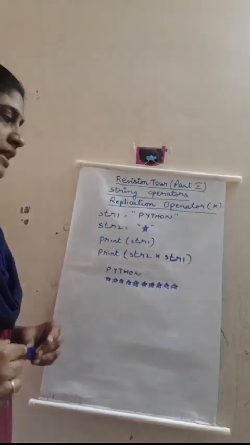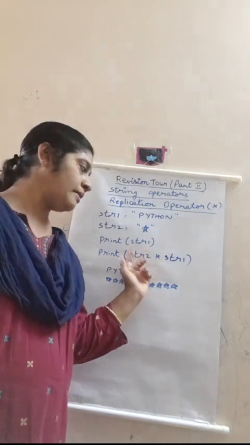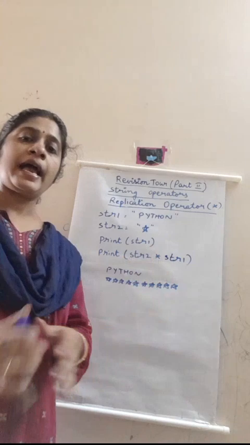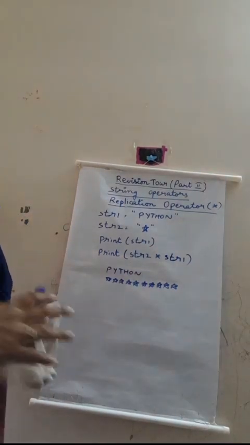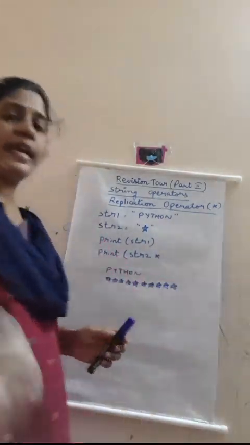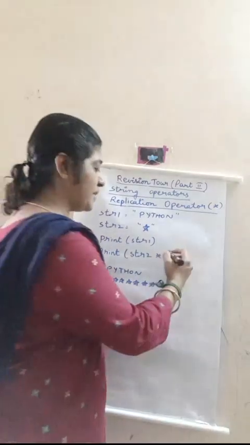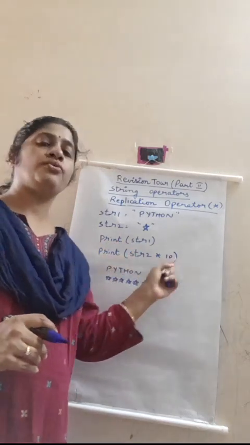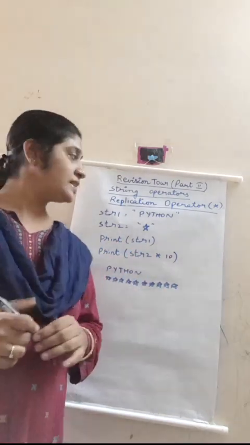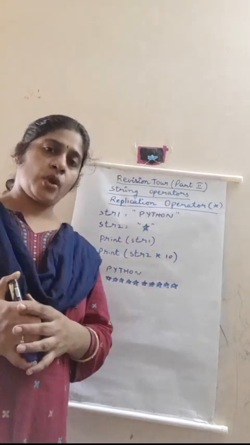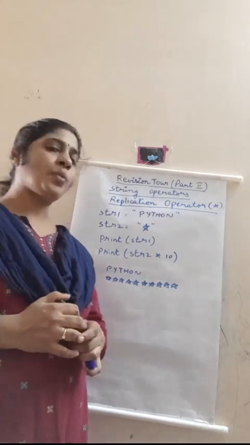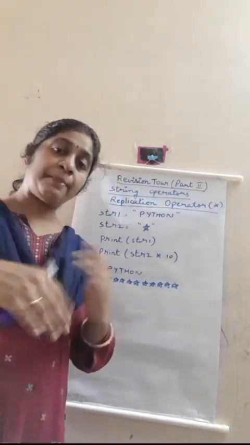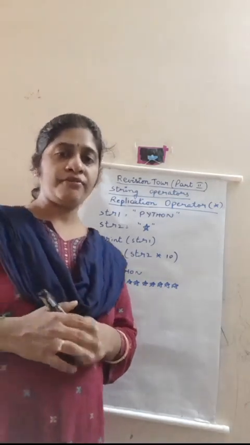This is not possible. You cannot multiply two strings like this. But I can have one operand as an integer, which means it will display string 2 for 10 times. So this is the use of the replication operator, where the string will be replicated a specified number of times.